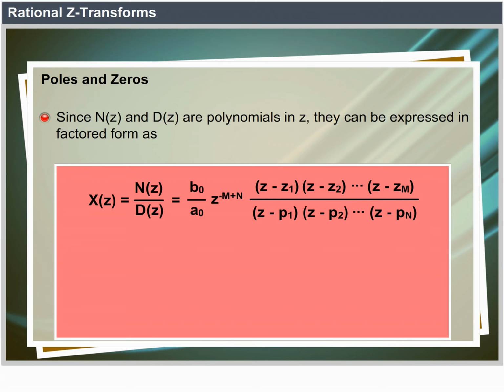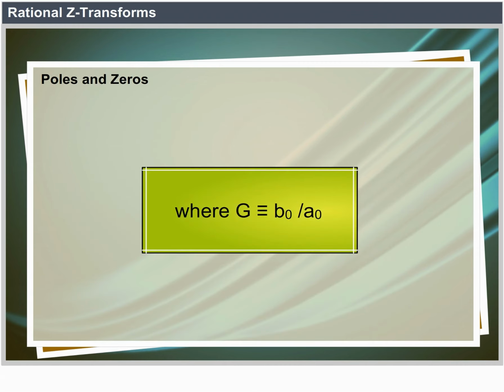X of z equal to g into z power n minus m into product k equal to 1 to m z minus zk divided by product k equal to 1 to n z minus pk, where g is equivalent to b naught divided by a naught.